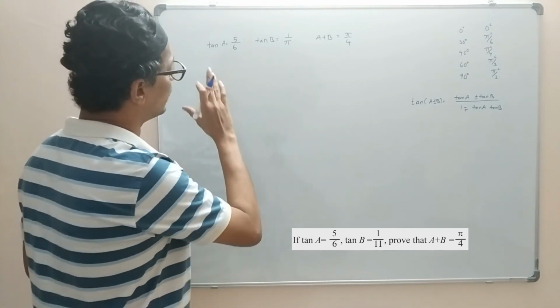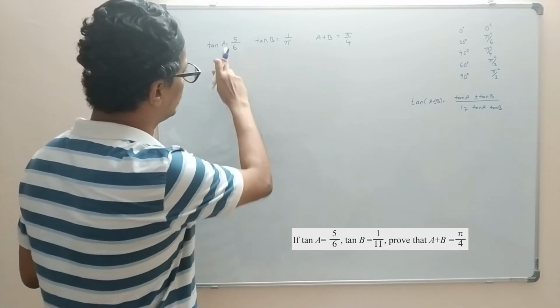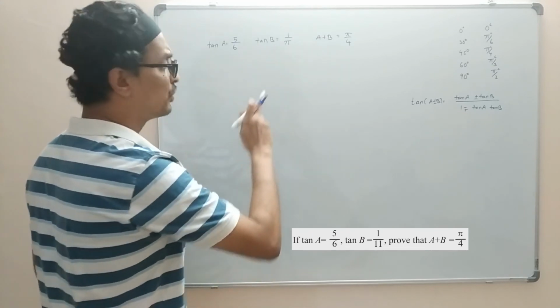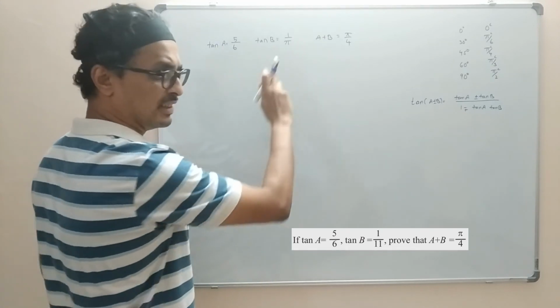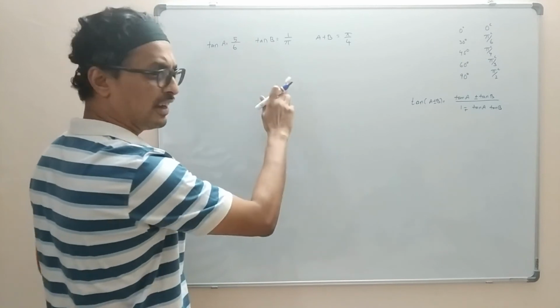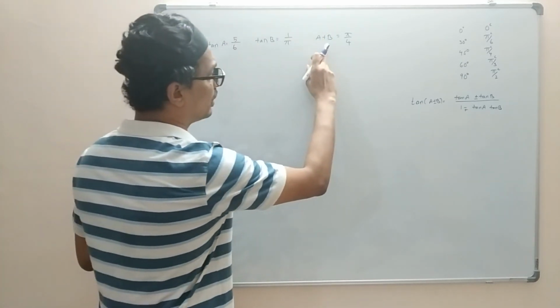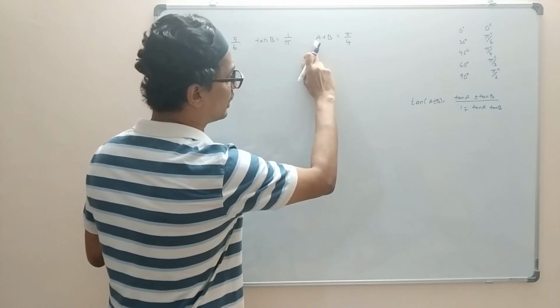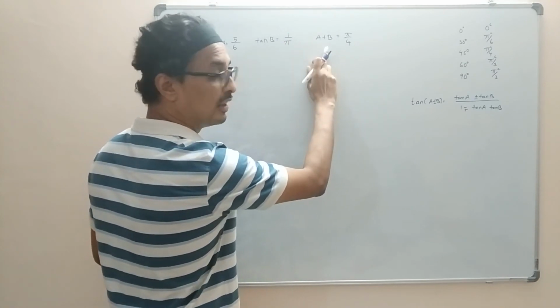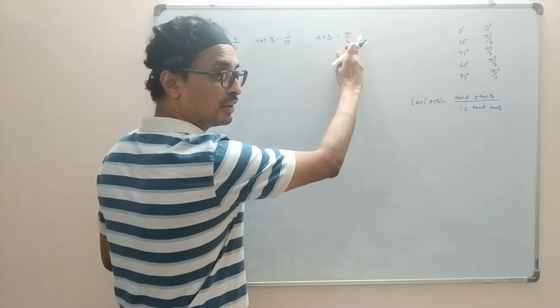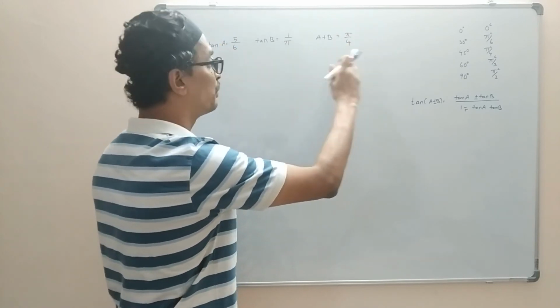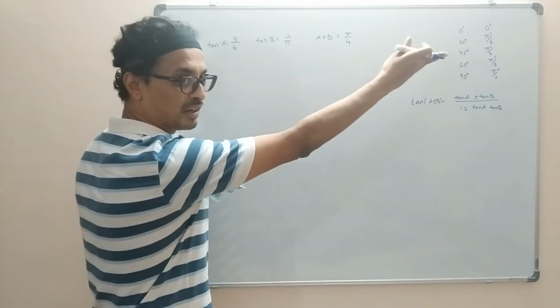These are angles, so of course there's some compound angle. These are given in tan, and we know tan pi by 4 is equal to 1. So you basically have to prove tan A plus B equal to 1.